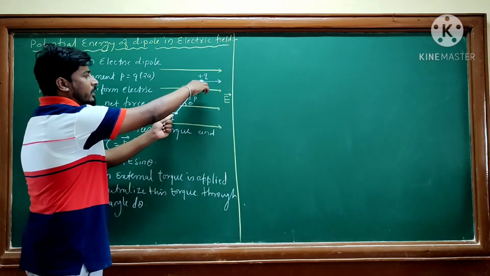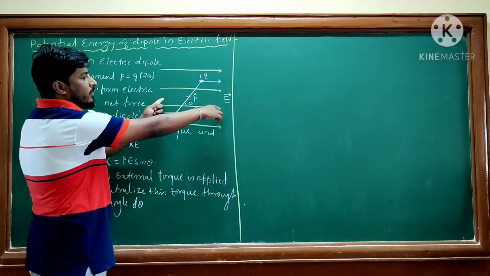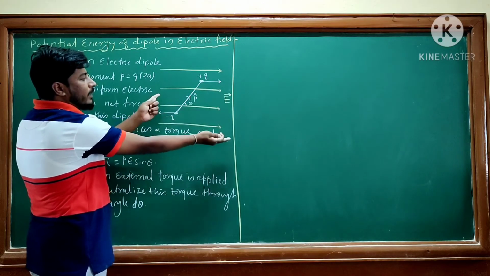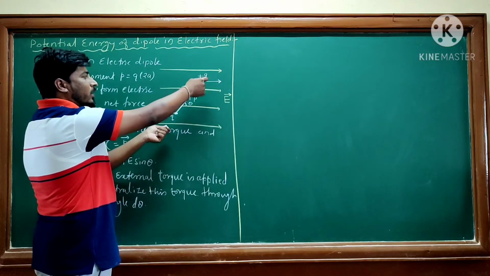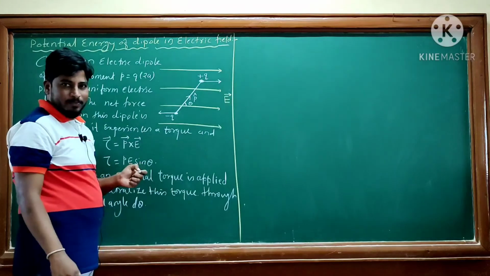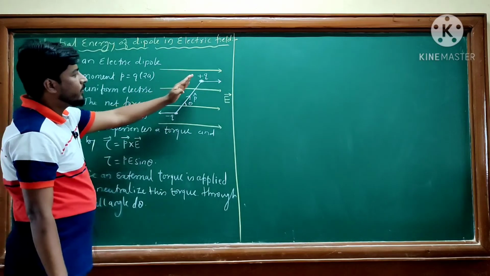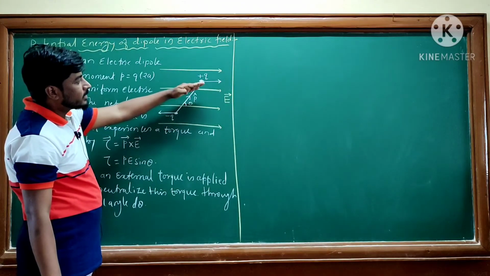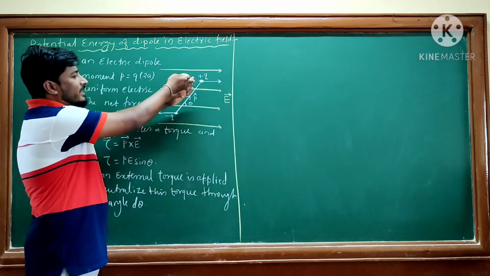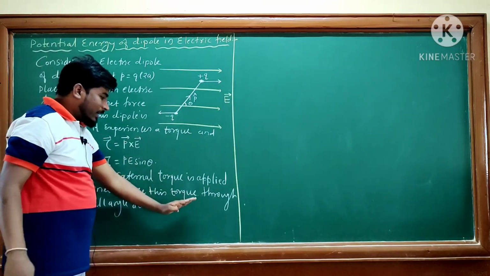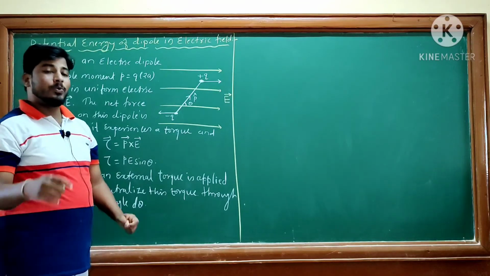This dipole is experiencing torque in the presence of the uniform electric field, so it will rotate like this. Now I will apply an external torque on this dipole to just overcome its original orientation, through a small angle, without acceleration.